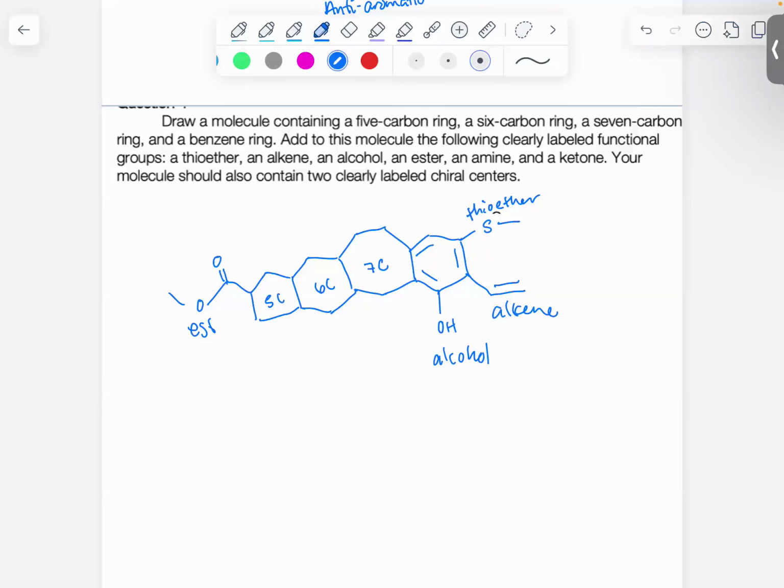This is an ester. This is an amine. And this is a ketone. I have a chiral center here. I have a chiral center here.